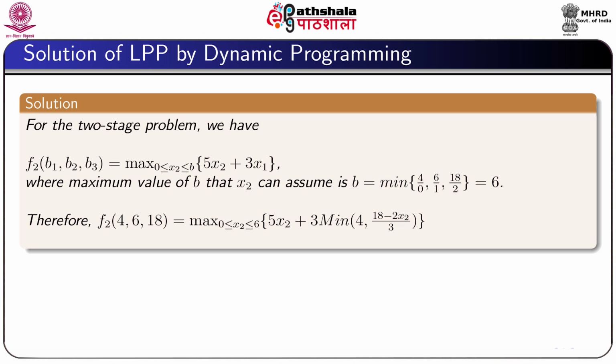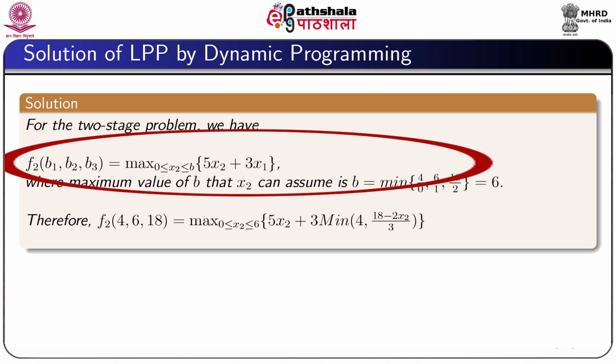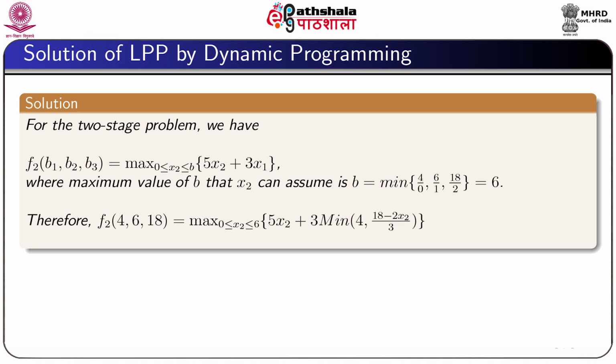For the two stage problem, we have f 2 of b 1, b 2, b 3 equal to the maximum of 5 x 2 plus 3 x 1, where the maximum value of b that x 2 can assume is the minimum of 4 by 0, 6 by 1 and 18 by 2, which gives 6.